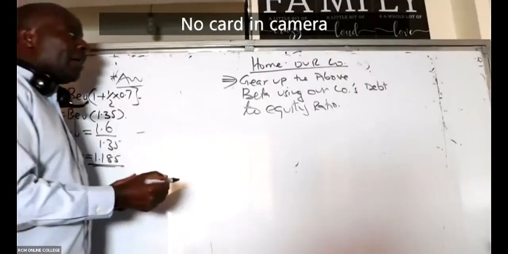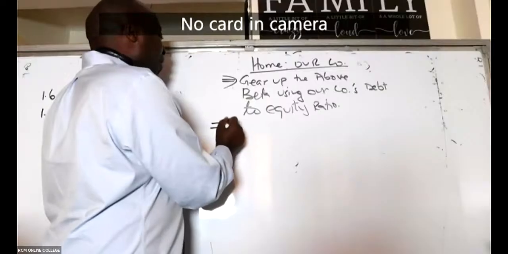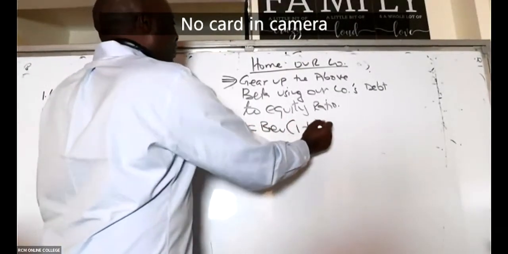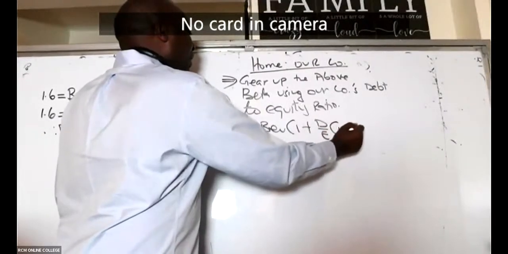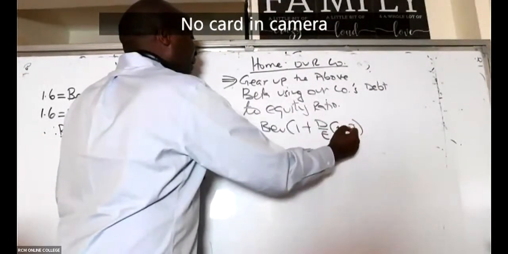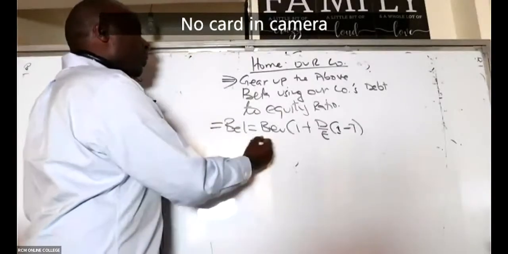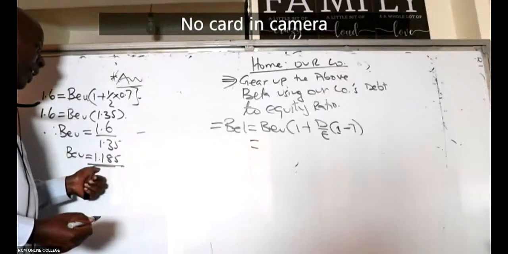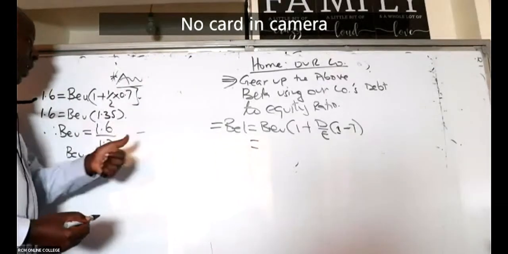So again, remember it's Hamada's in play. So we have beta equity equals beta unlevered into 1 plus debt over equity into 1 minus tax. Which beta are we gearing up? It is the one that we found here. We're increasing.